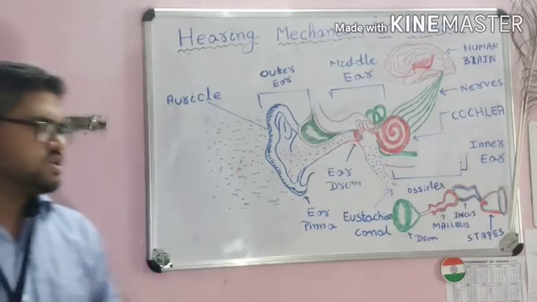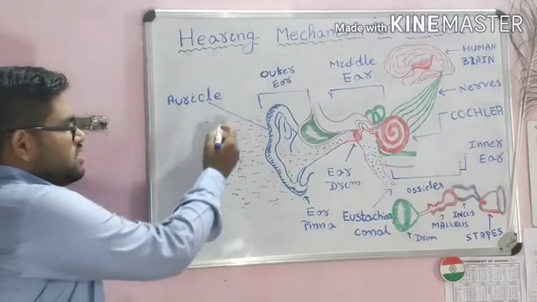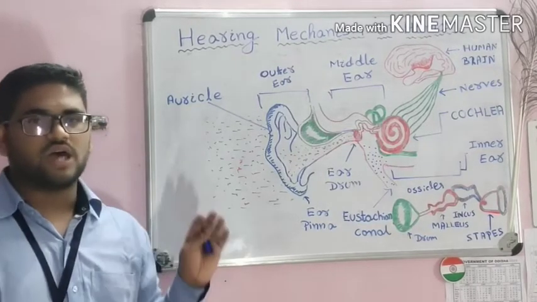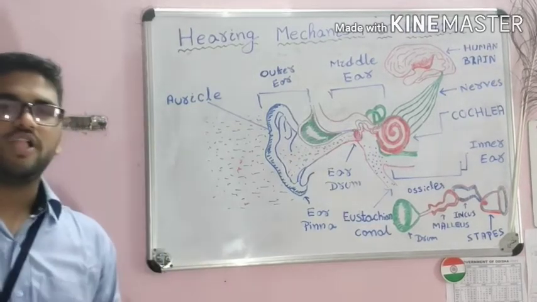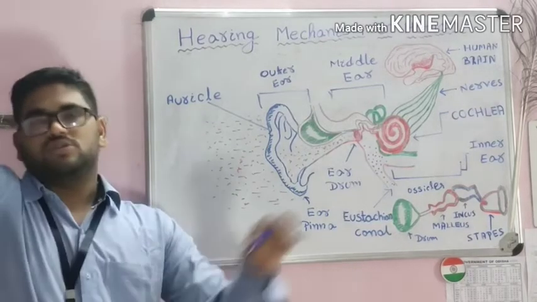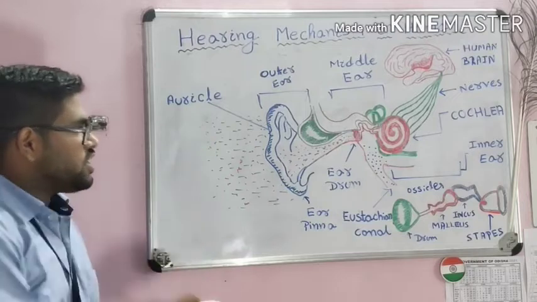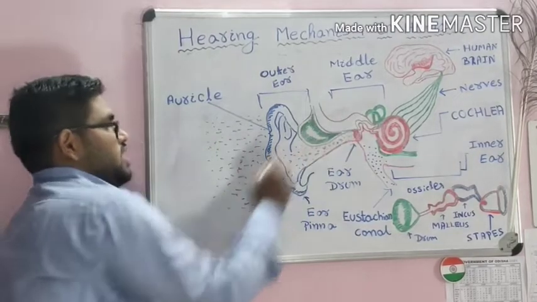So now we will discuss the mechanism of the ear. We can see here the green and red dots, that are the sound waves transmitting with the help of air particles. Air particles are moving from the surroundings to the ear funnel. From the ear funnel, that is called auricle, they move into the auditory tract.